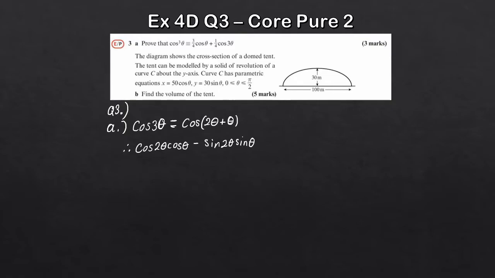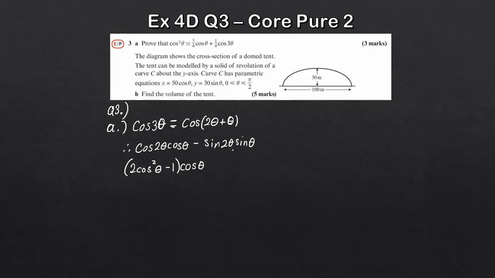And now at this stage, we need to take basically applications of the double angle formulas. So the fact that we've got cos 2 theta, sine 2 theta, it's very useful, right? We can use it. So cos 2 theta, we can write that as 2 cos squared theta minus 1 times cos theta. Okay, so this is just this part here.